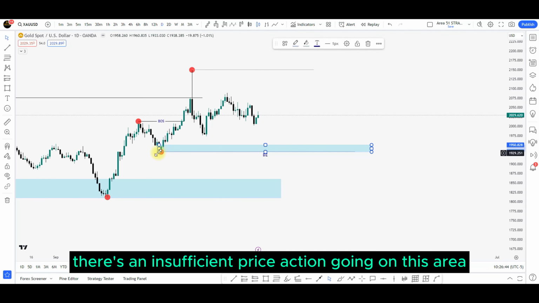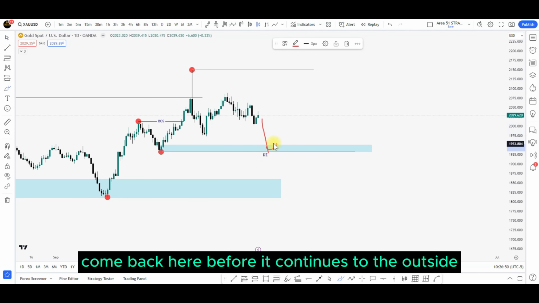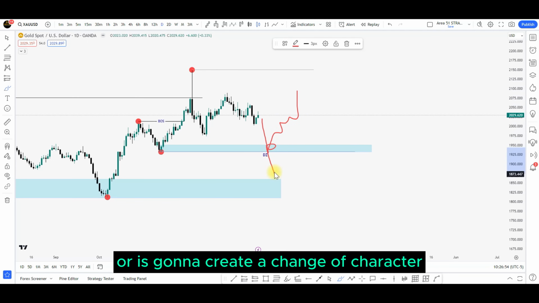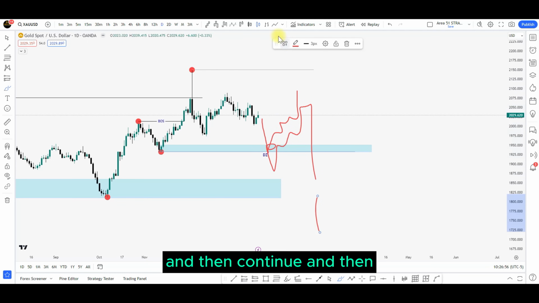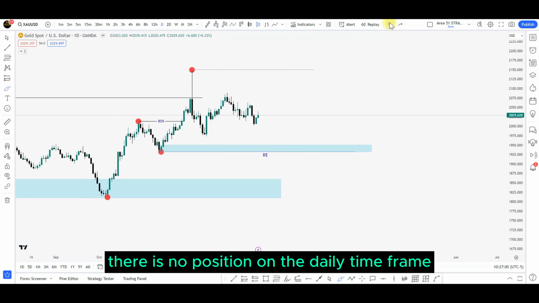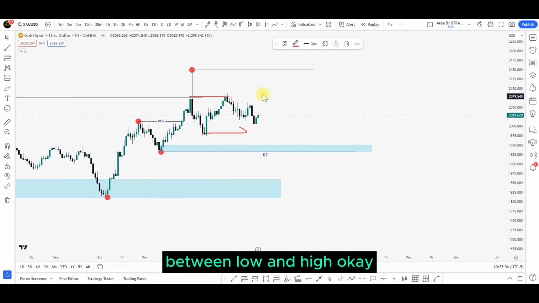There's an insufficient price action going on in this area. So price will eventually come back here before it continues to the upside, or it's going to create a change of character and then continue to the downside. Okay. So right now, there is no position on the daily time frame because price is basically ranging between low and high.